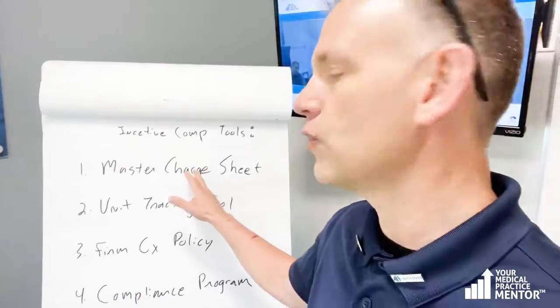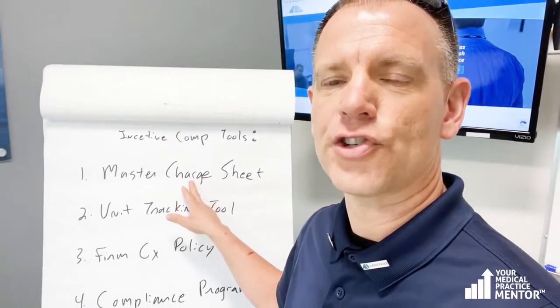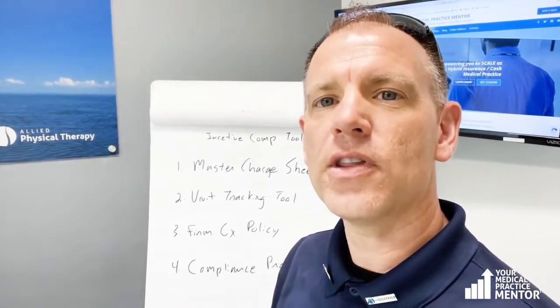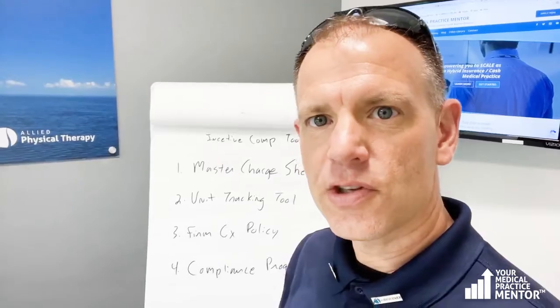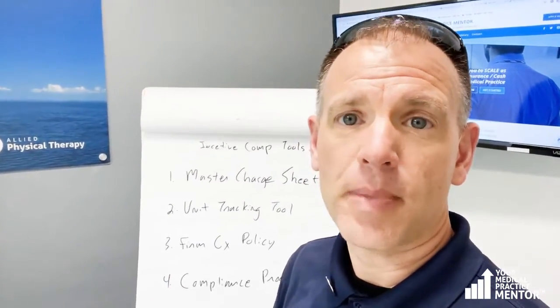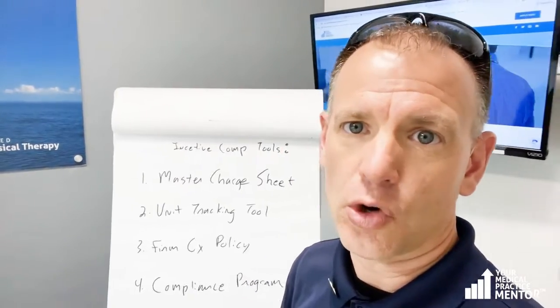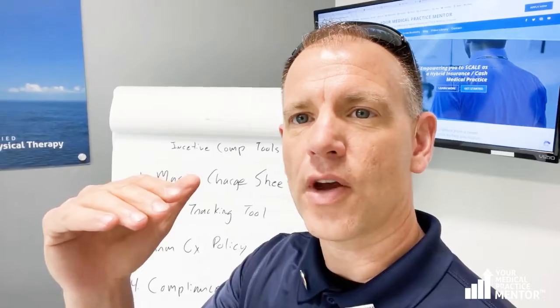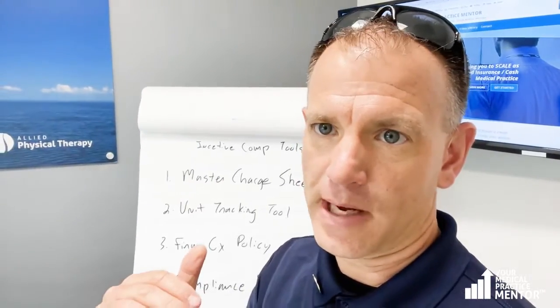The first tool you need is what I call the master charge sheet. Basically this is a Google Sheet, a spreadsheet where we include everything in terms of insurances, the CPT codes that are allowed, and how much they pay for each CPT code. Under each insurance, we list the codes from highest paying to lowest paying.